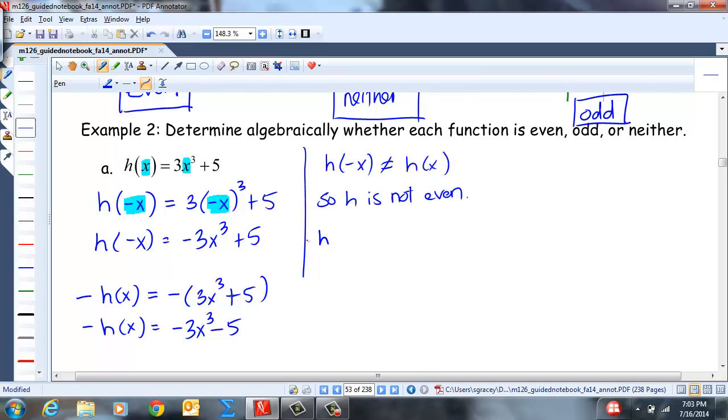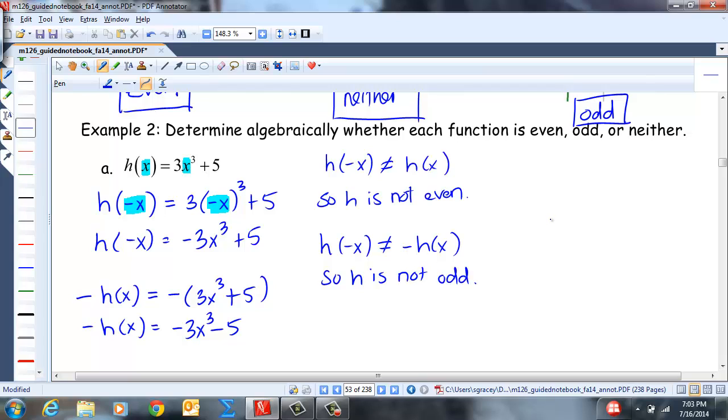We'll do it in order. h at negative x is not equal to negative h at x. That's not the same. So h is not odd.